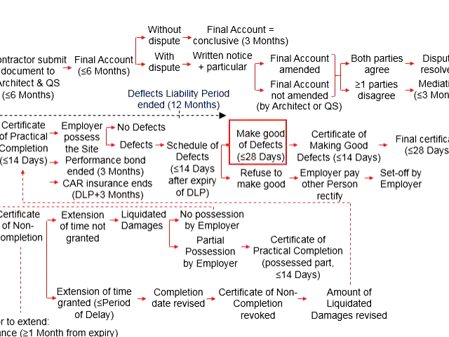Once this is done, the contractor will send a notice to the architect. The architect will do the inspections. If everything is cleared, the architect will issue a certificate of making good defects within 14 days.